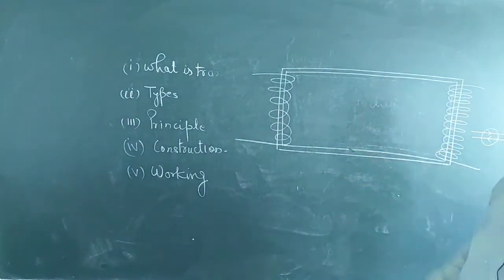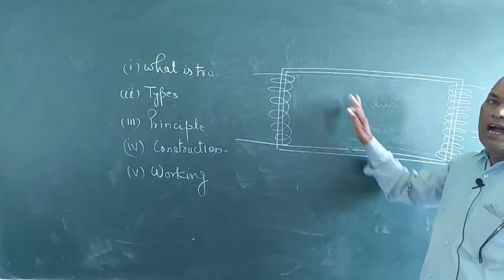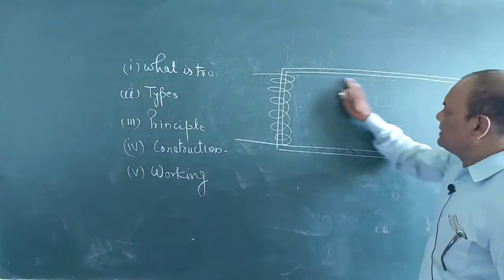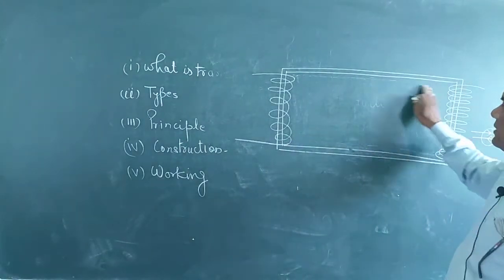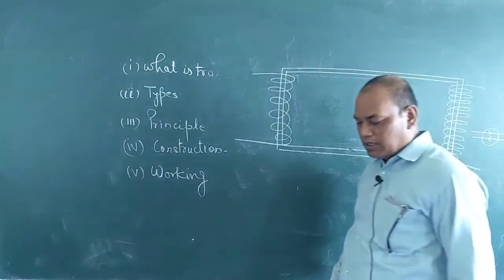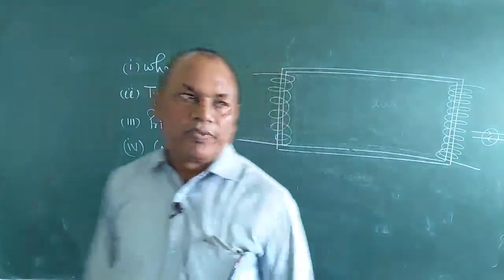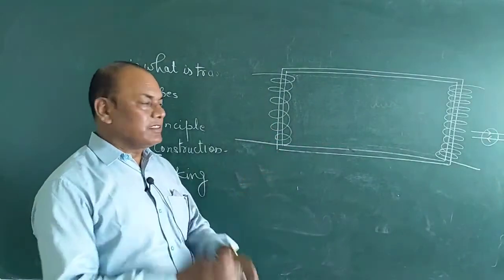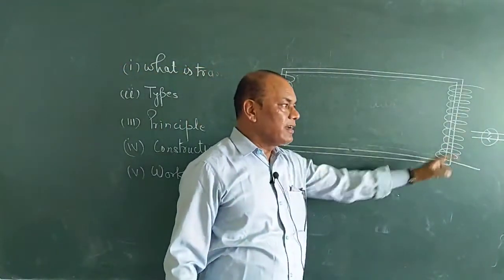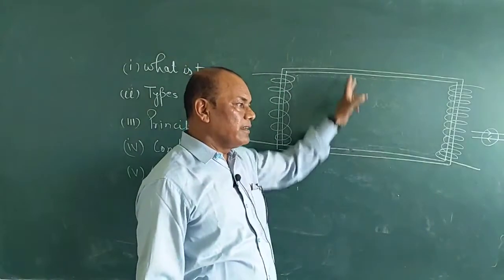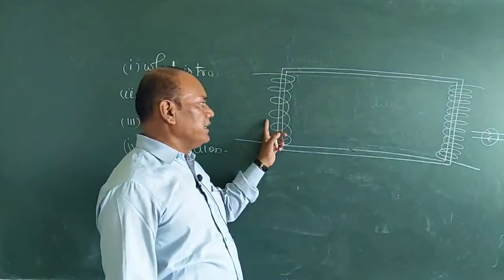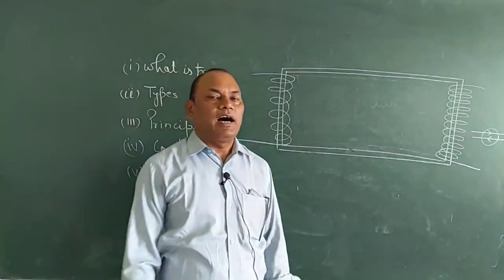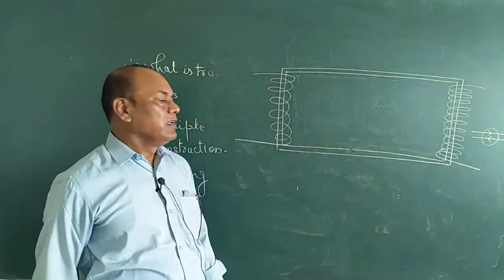In this way we make a very thick soft iron sheet. The inside portion of this soft iron sheet is cut out to convert it into a frame. This frame has two opposite sides, one here and the other here. On this side and on this side, we make two coils of copper wire.